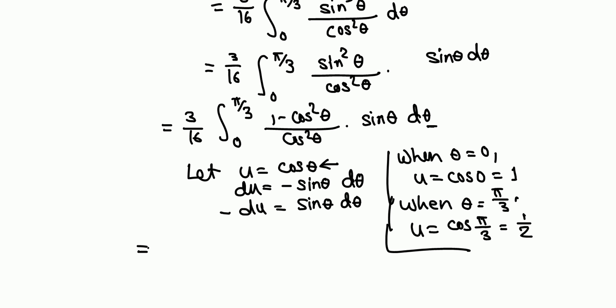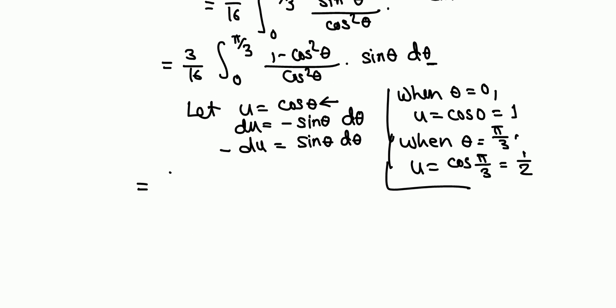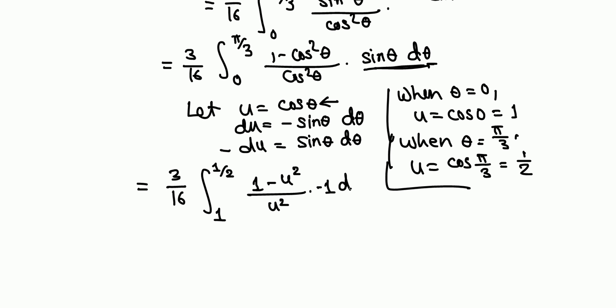So this integral is now 3/16 outside, and 0 through pi over 3 becomes 1 through 1/2. Inside, 1 minus u squared over u squared, and sine theta d theta collectively is negative du, so times -1 du.